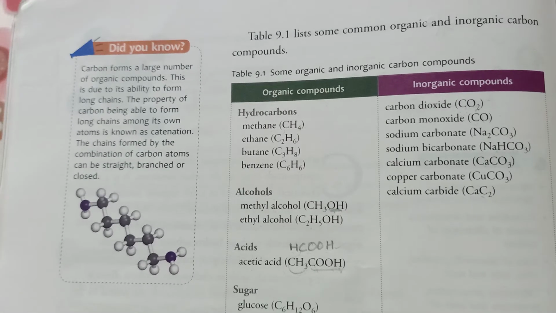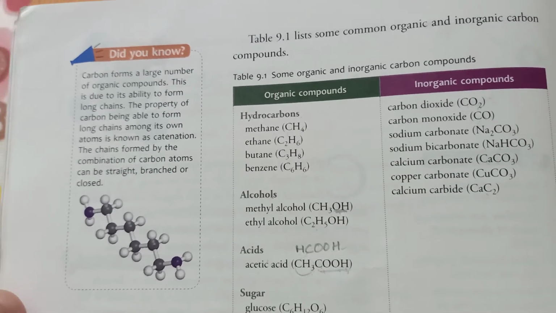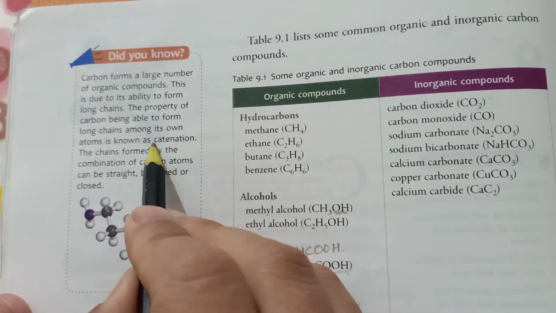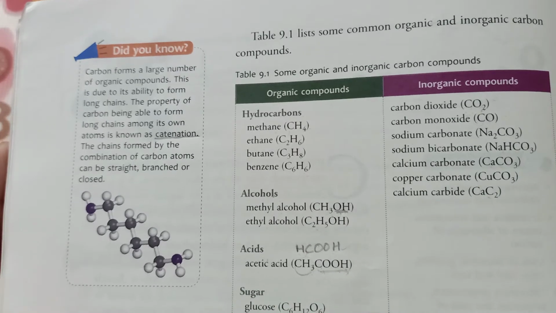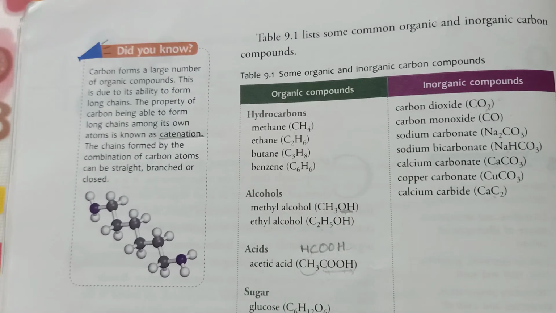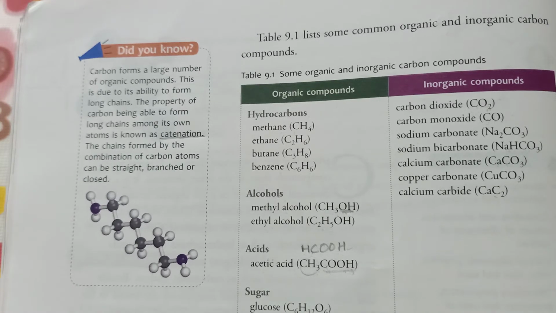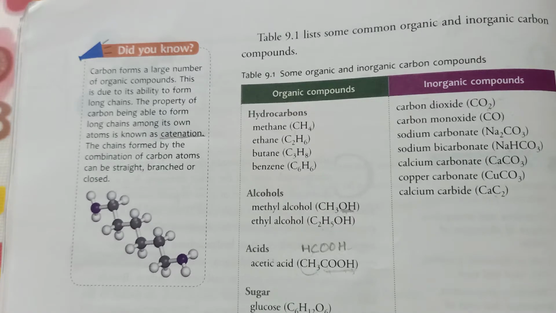And those two special properties of carbon are, number one, catenation. Catenation is the property of carbon due to which it can link with another carbon atom, or with other different atoms, in a long chain.